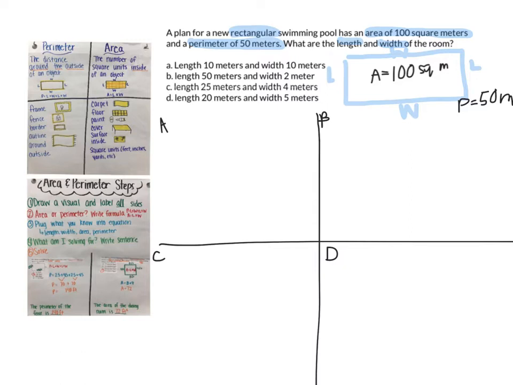I'm solving for area and perimeter of each of the dimensions. So I'm going to plug in our formulas for each answer choice.